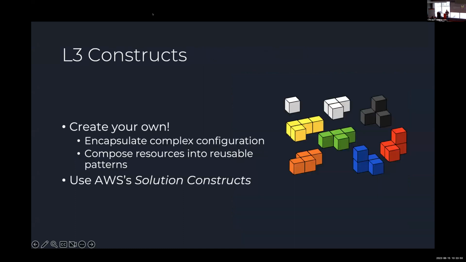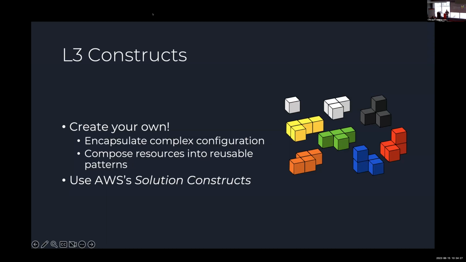Keeping on that theme of constructs, you want to make sure you're using L3 constructs. Within the CDK, L1 constructs are the low-level, almost identical to CloudFormation objects. The L2 constructs are going to be intent-based, and they are wrapping aspects of permissions and aspects of configuration and putting it into a single object. If you're used to working with Lambda, for example, that function construct that you're using over and over, that is an L2 construct.